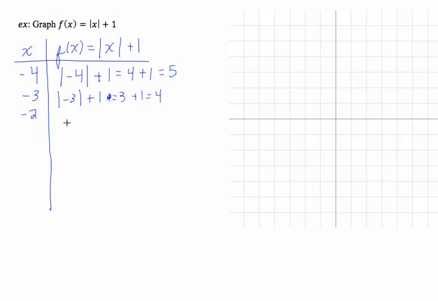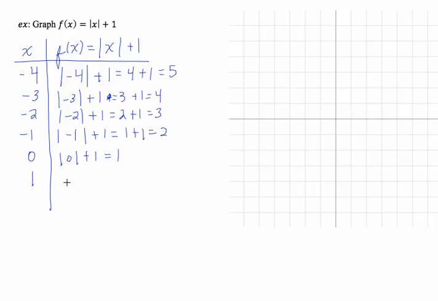If x is negative 2, I get 3. If x is negative 1, I start to see a pattern here: 5, 4, 3, 2. If x is 0, the absolute value of 0 is 0, of course, plus 1 is 1. If x is 1, the absolute value of 1 is 1, plus 1 is 2.